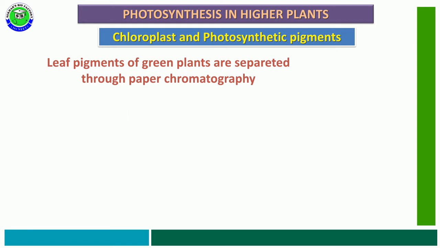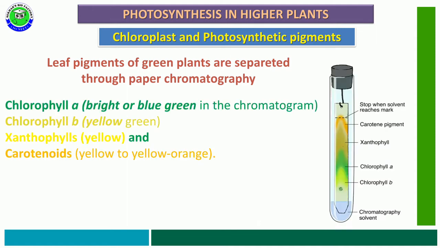The leaf pigments of a green plant are separated with the help of a technique called paper chromatography. After this paper chromatography, different colors are formed on the paper. Depending upon its color, we can identify different pigments.